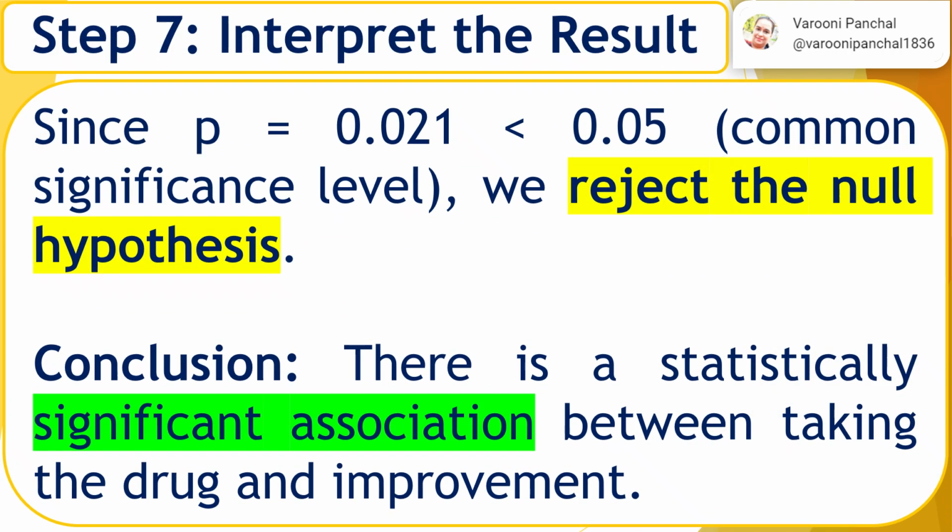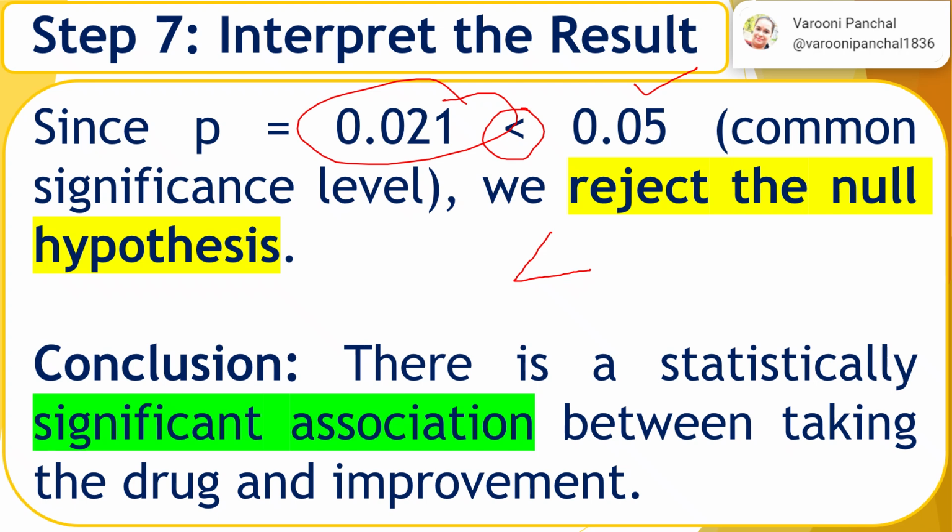Now since the p-value 0.021 is strictly less than 0.05, which is the common significance level that we use, that is the 5% level of significance, we reject the null hypothesis.